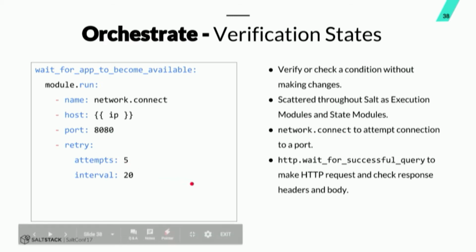There's another one, this is a state module, called http.wait_for_successful_query. And that does the exact same thing. It's got similar semantics, except it makes an HTTP request and examines the response headers and the response body optionally if you want. So you could say, spin up Apache and make sure that it actually spun up the right vhost instead of the default welcome to Apache page. Nice thing to do from Orchestrate.